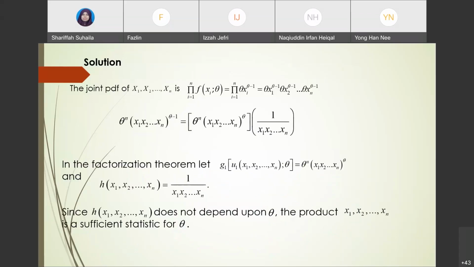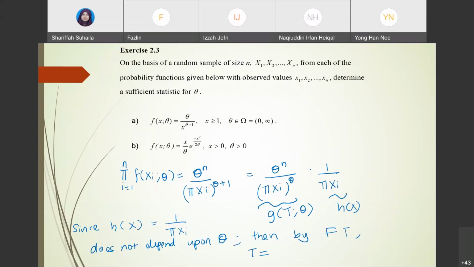Kalau yang tadi, ini kat atas. So that's why yang punya product ini yang sufficient statistic. So you will have T equals 1 over product xi is a sufficient statistic.